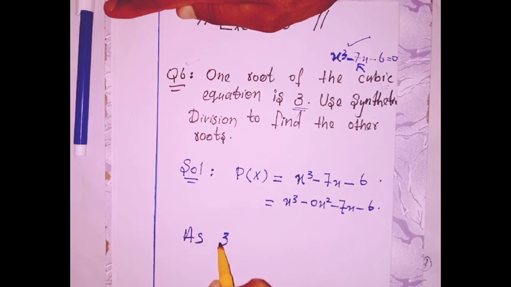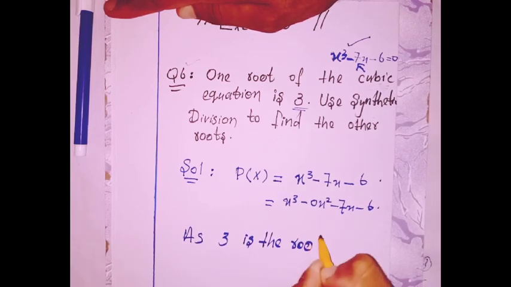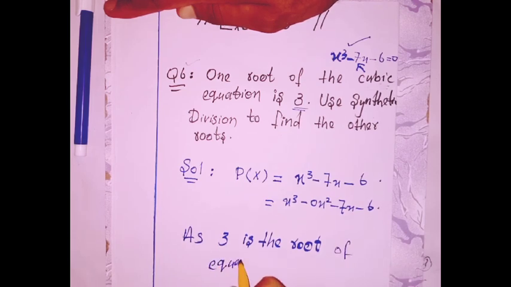3 is a root of the given polynomial equation. So we can write p of x is equal to 0.